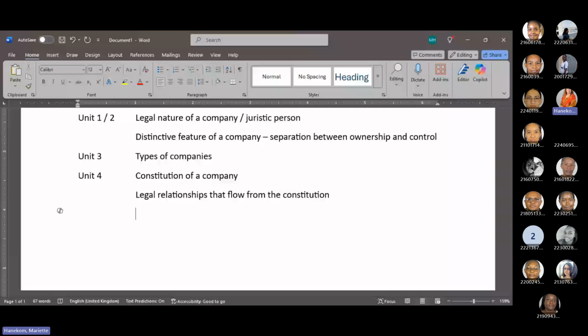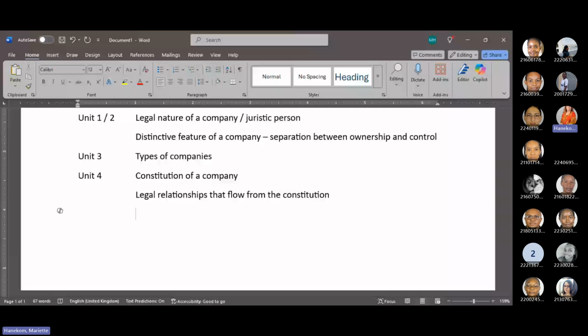It is signed for the first time, but the Companies Act, in Section 7, I think it is, states that the Constitution is deemed to have been signed. It is taken in law as if the shareholders signed. They don't sign it personally.